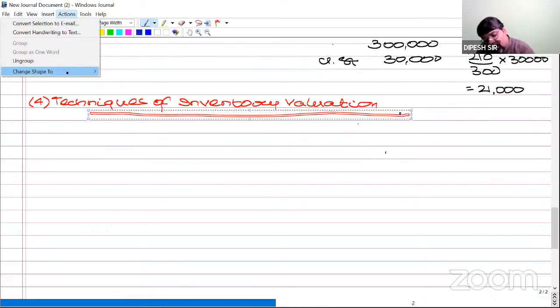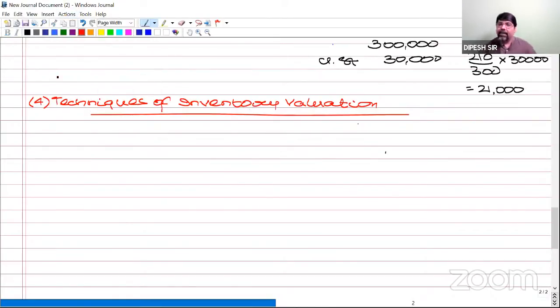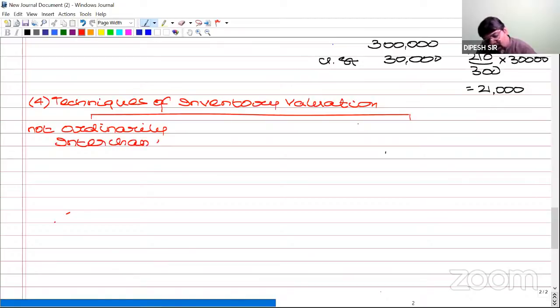Now chartered, when unsold goods are left, closing stock, there are two types of closing stock. Ordinarily, not ordinarily, interchangeable.